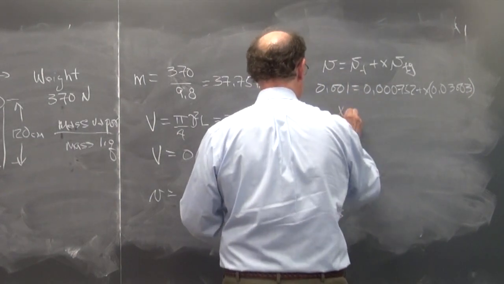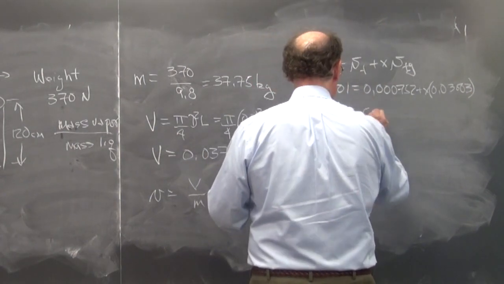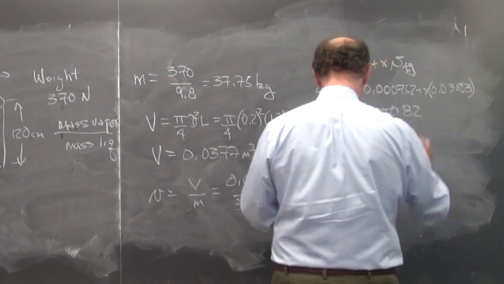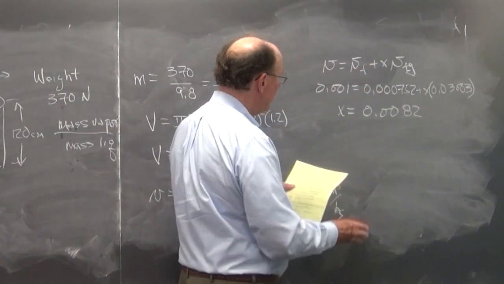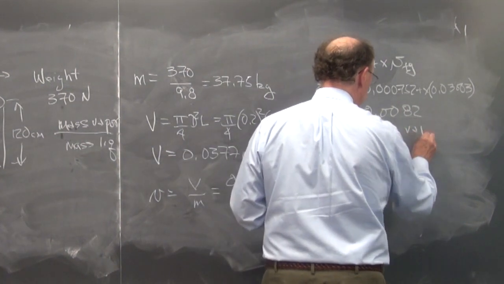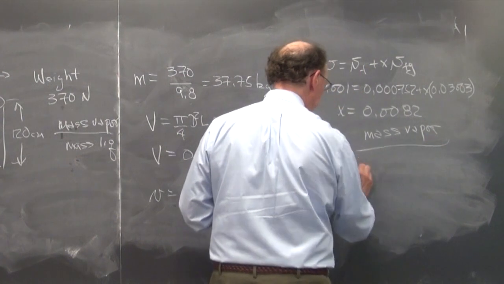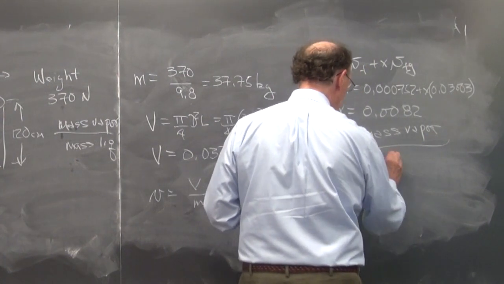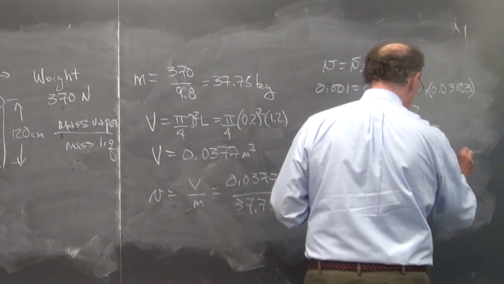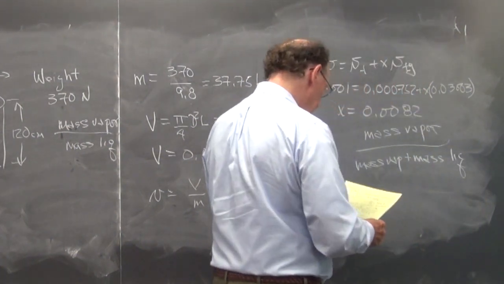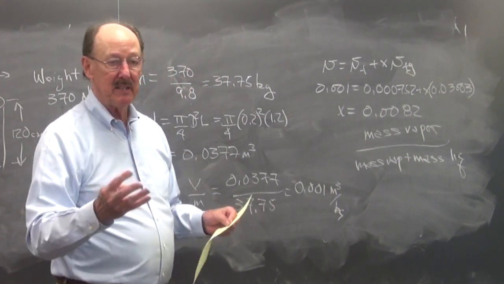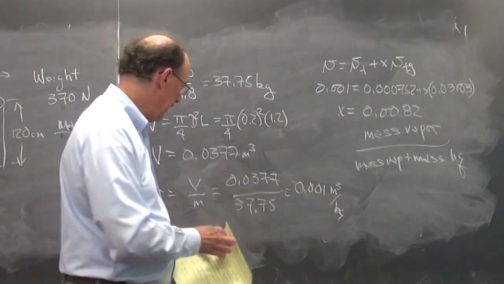And I get that x is equal to 0.0082. And this is the mass of vapor over the mass of vapor plus mass of liquid. So what I want to do is find the mass of the vapor and the mass of the liquid, and then I can get the ratio that we need.